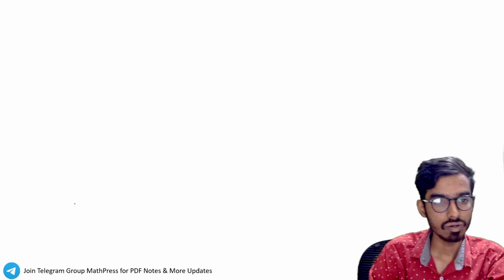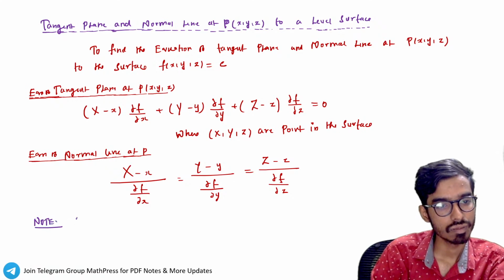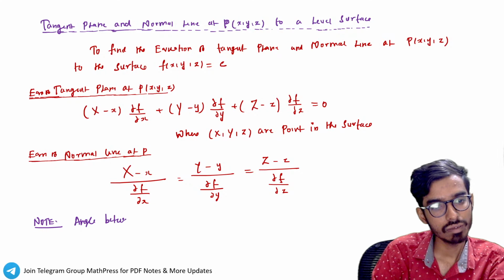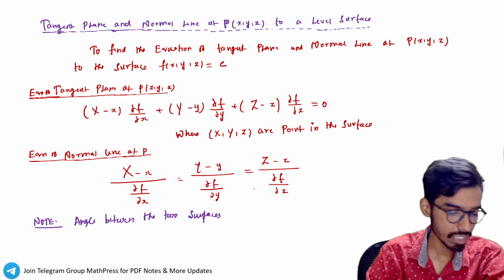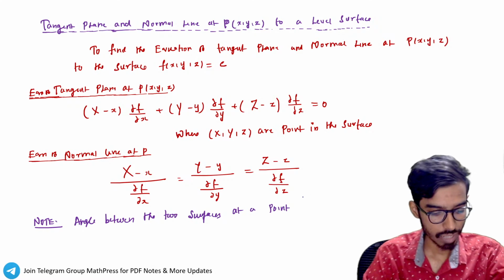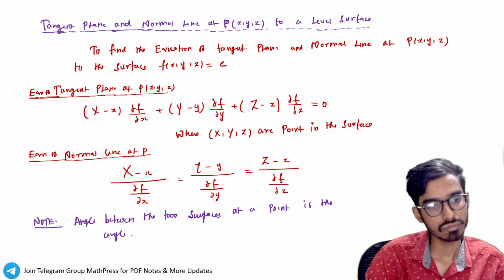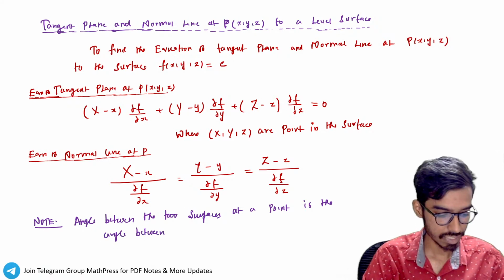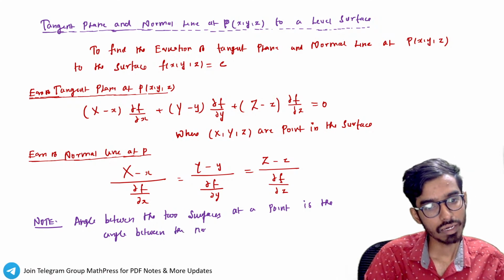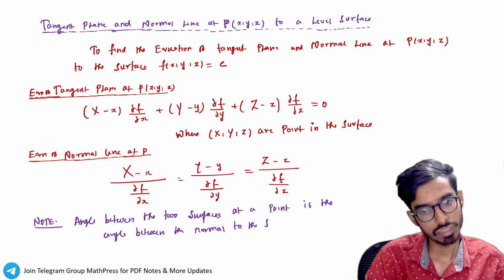Okay, so I'll give you a note. The angle between two surfaces at a point is the angle between the normals to the surfaces at the point.